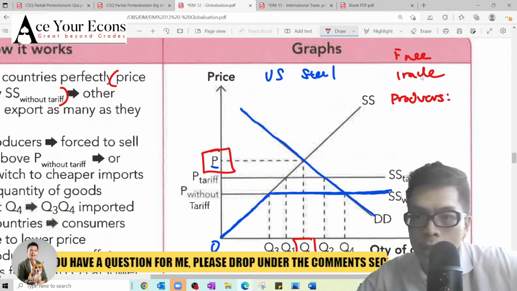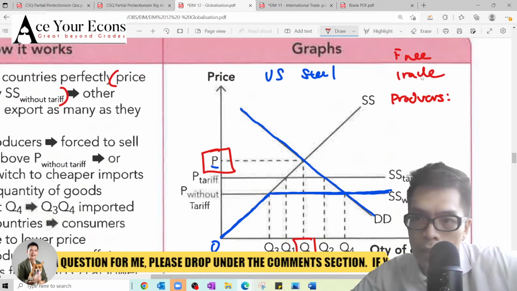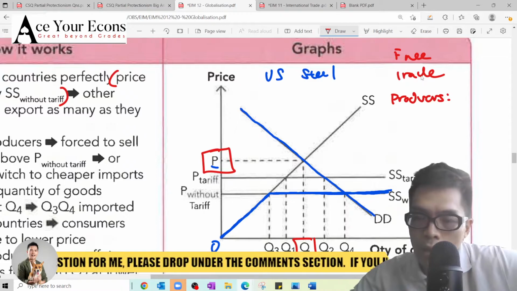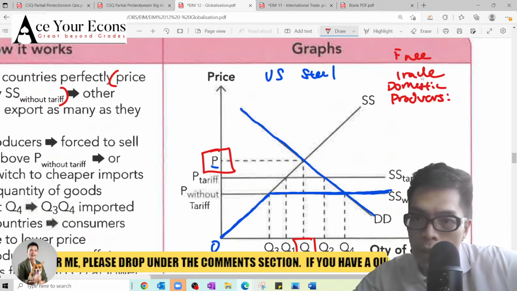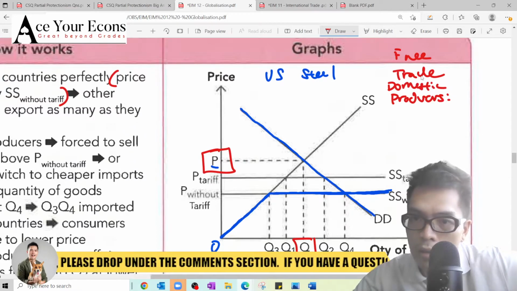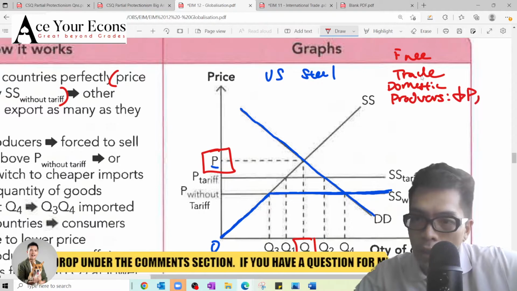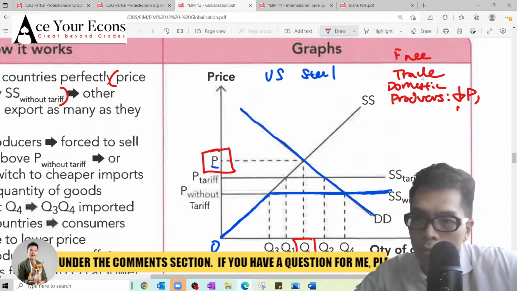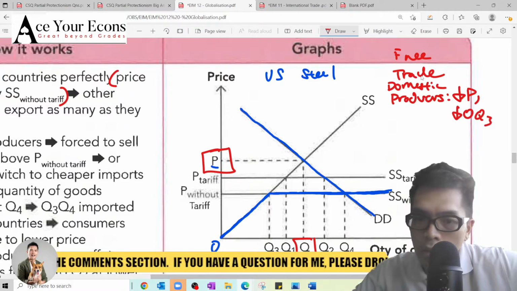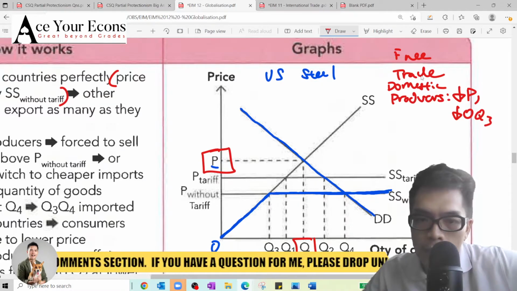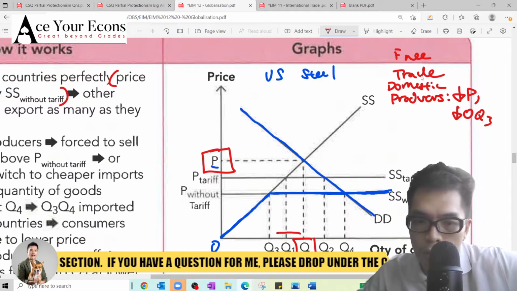I will show you what the import amount is. Domestic producers will be worse off with a lower price, at P without tariff, and they will be worse off producing lesser, OQ3. So they will experience a fall in production from Q to Q3.